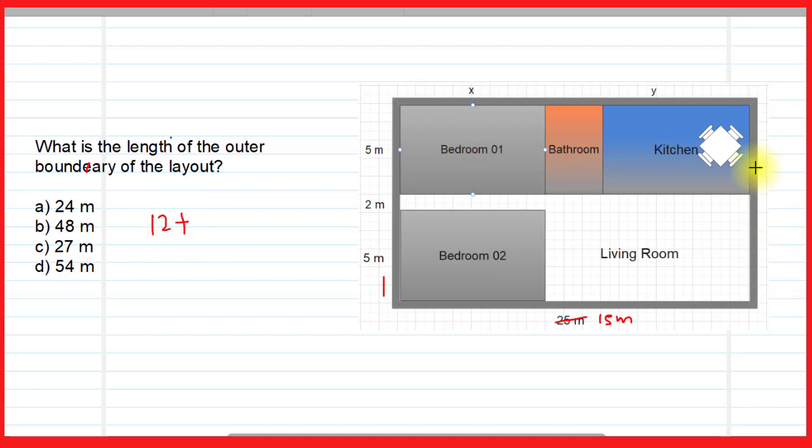Plus this side will also be again 12 meter. So plus 12 meter plus this is 15 meter, and the opposite side will also be 15 meter, so 15 plus 15 is 30, plus 24, that will be 54 meter, and therefore option D will be the correct option, that the length of the outer boundary of the layout is 54 meter.